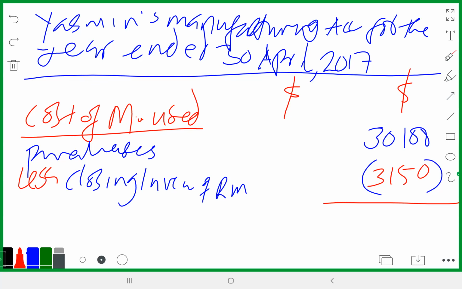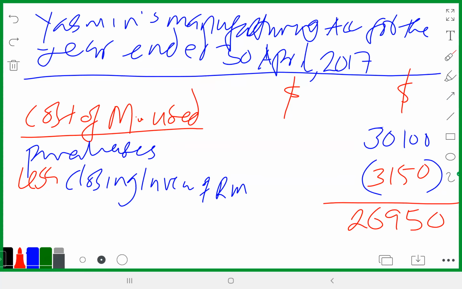Let me just get a calculator. 27,050 kwacha. Are you using a calculator? No, let me just punch on my calculator. Yeah, it's 26,950. This is the cost of raw materials.